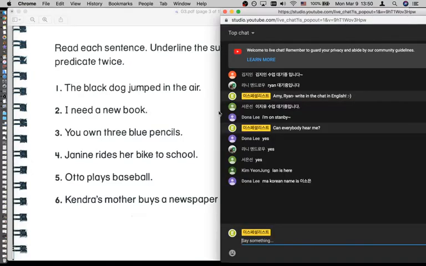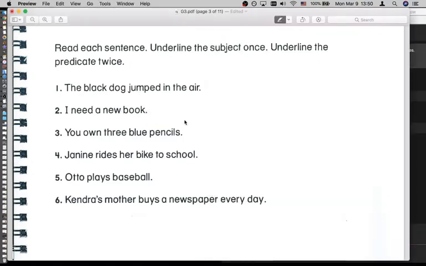Okay. What I want you to do right now, just making sure you can still see this, is in your own LAT, underline that here: 1 time the subject, the black dog, and 2 times jumped in the air. Once you've done that, do the other ones here, and maybe I'll have you write in the chat what you do. So take a minute and do number 2, 3, 4, 5, and 6.